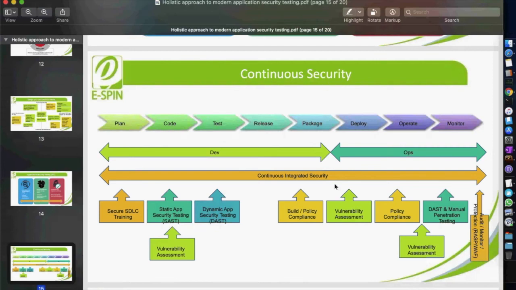Traditionally, we make a cut where the developer or development department deals with the first 1, 2, 3, 4, 5 phases, right? And then the operation team deals with deploy, operate, and monitor.